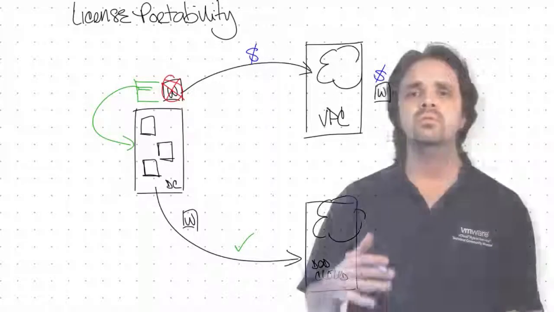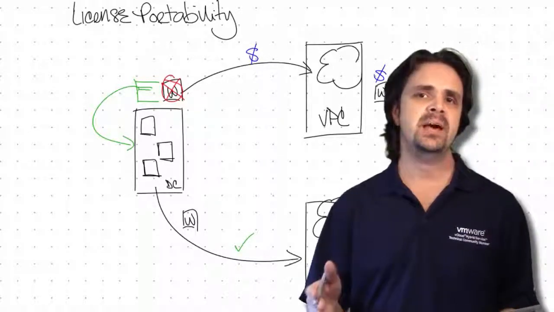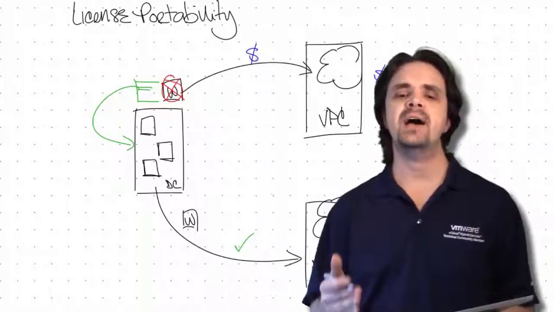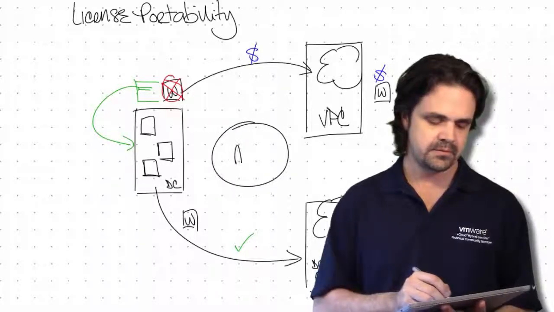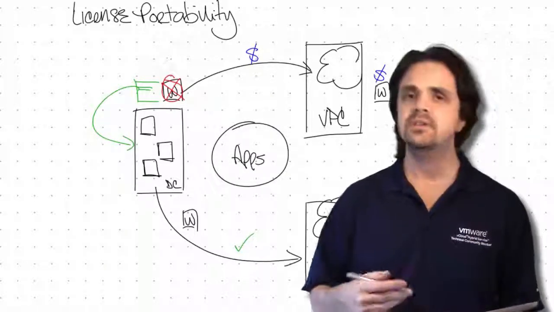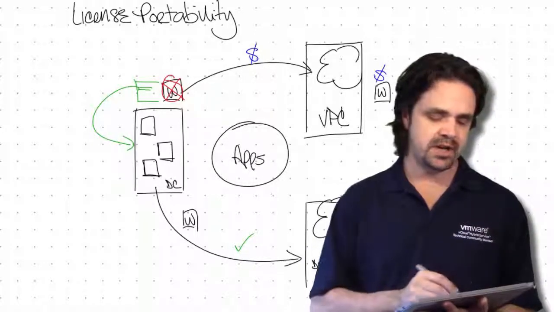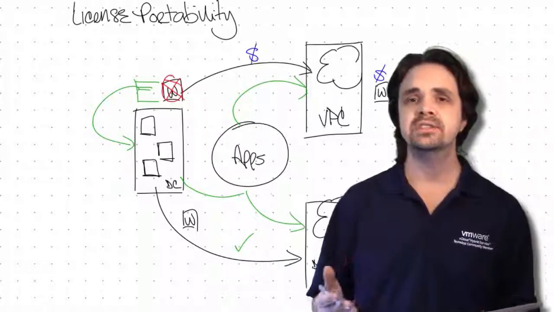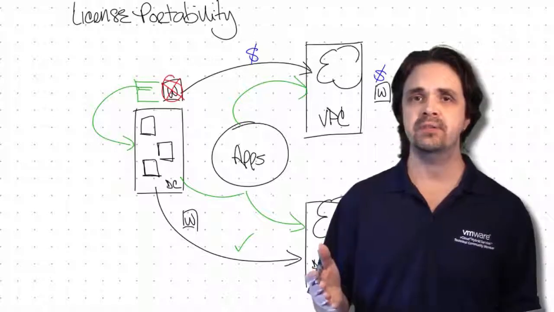It's also important to understand that operating systems are different than applications. In fact, if you look at the licensing requirements when it comes to applications, you'll see that for many things like SharePoint, etc., those are going to be just fine to move into either instance, and you will retain some license portability.